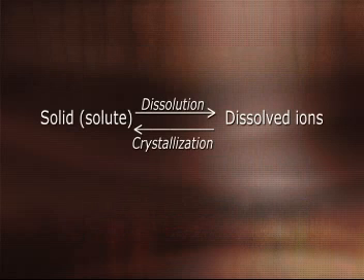Eventually, the dissolution rate and the crystallization rate become equal. When this happens, both processes continue. However, the concentration of ions in the solution does not increase. The system is said to have reached equilibrium, which means that the undissolved solute is in equilibrium with the dissolved solute. Let us return to our experiment.